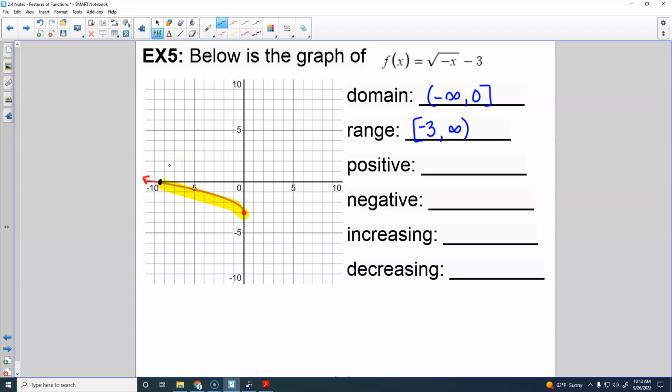Now, there is a way I can figure out exactly where it crosses, and I think this graph is very misleading here, even though I graphed it on Desmos, I thought it would be correct. So, at an x-intercept, what is my y-coordinate? I know that it's 0, right?